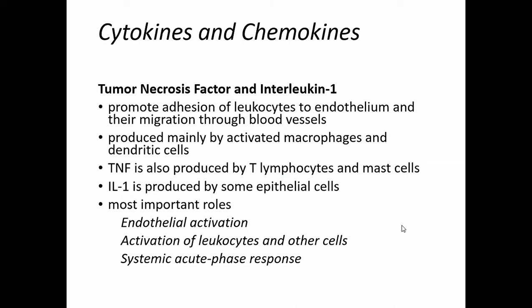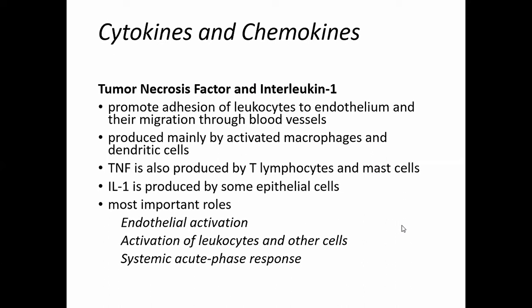The cytokines are produced mainly by activated macrophages and dendritic cells. TNF is also produced by T lymphocytes and plasma cells, while interleukin-1 is produced by some epithelial cells.